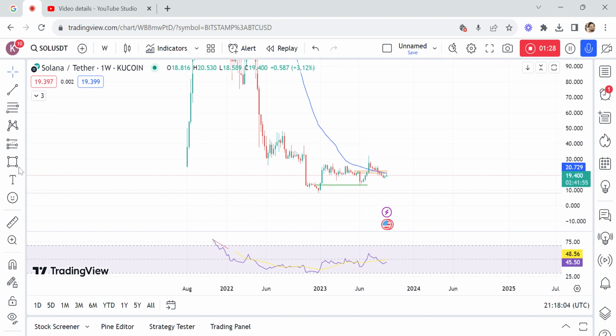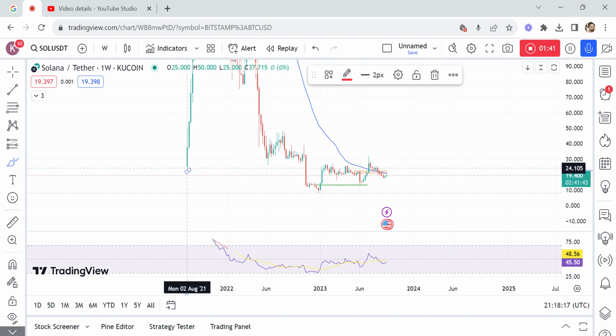So the market created a low here and it created another low here. So this is a low, this is a low. All right, so obviously there are stops lying down here.